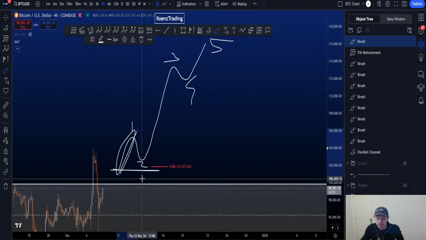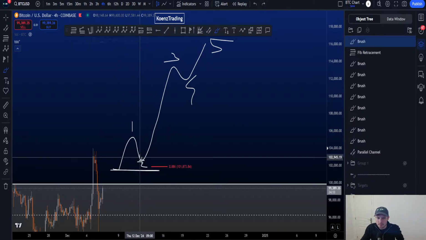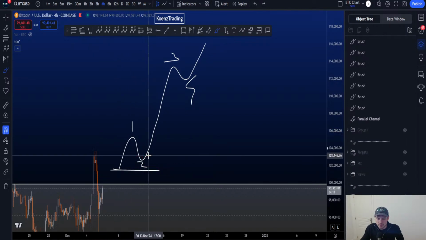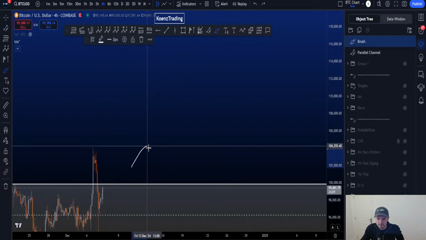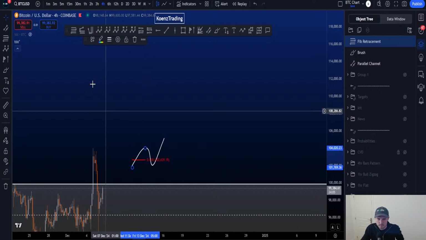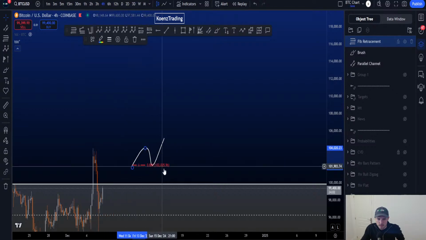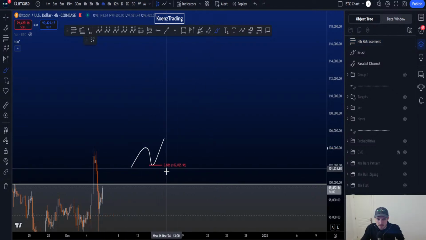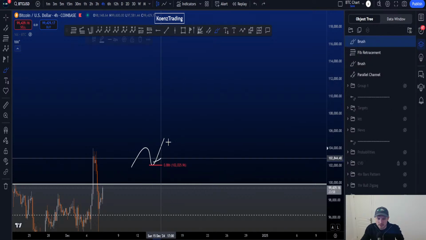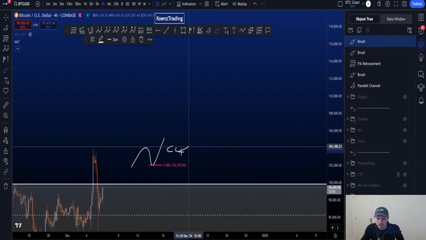This is an impulse in a wave 1. Any move to the upside after an 886 touch is higher probability corrective, in C or Y.